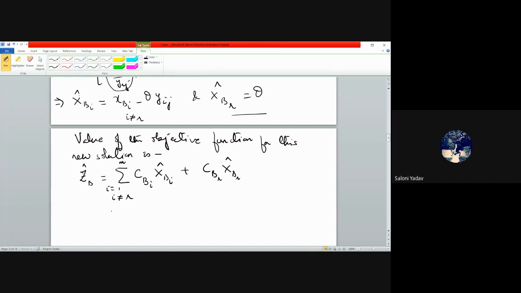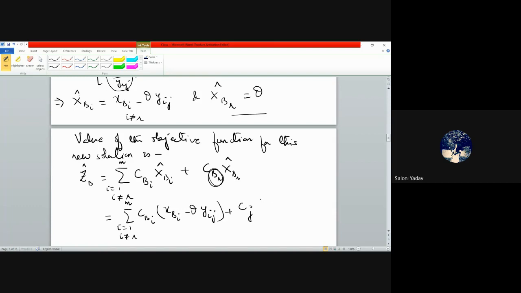Okay? Which is actually nothing but the summation of CBI into, now if I use these terms, XBI minus theta Yij for I from 1 to M and I not equal to R, plus, now see what has happened is that now your rth column has been replaced by what?